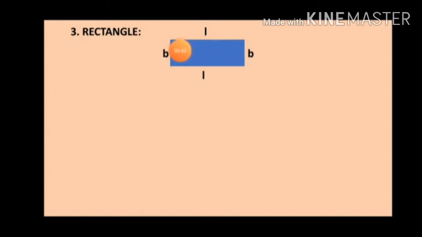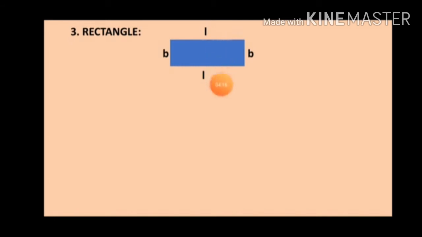You see here the longer side we have termed as length, and we represent it using the small letter L, whereas the shorter side we have termed as breadth, and we have represented it using the small letter B. As such, it is a four-sided closed figure. Here we have four sides, but the two opposite sides are equal in measure.